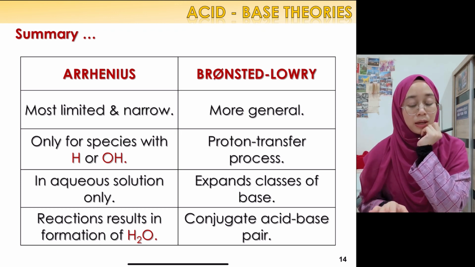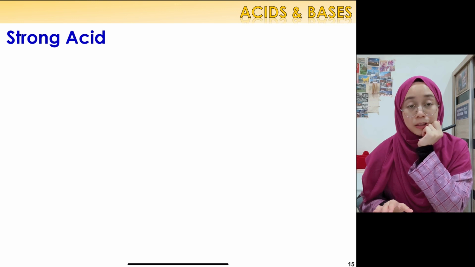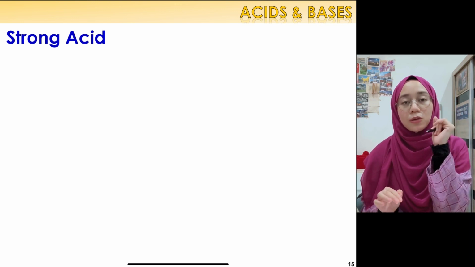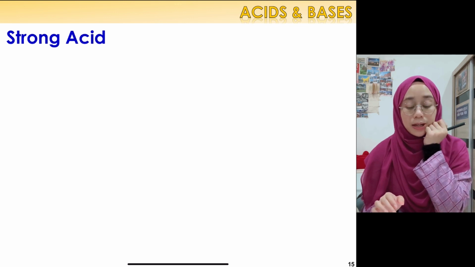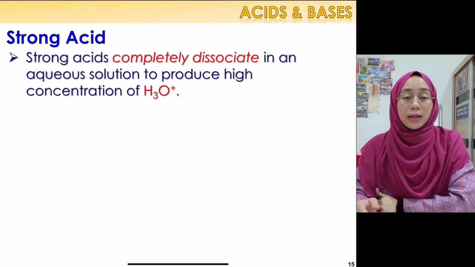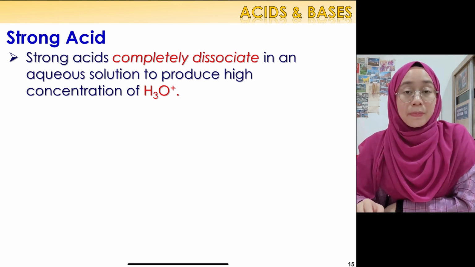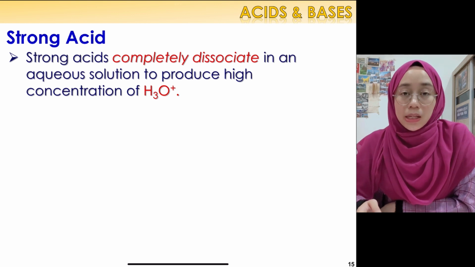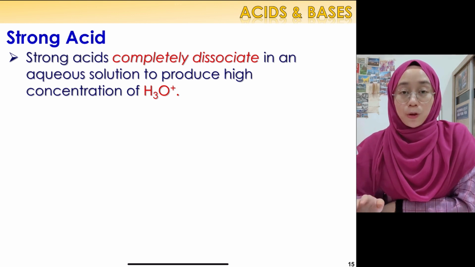Okay, so ini untuk acid base theory based on Arrhenius and also Bronsted-Lowry. So now kita nak tengok kepada strong acid pula. Okay, so what is strong acid? Strong acid is something that is completely dissociate. Okay, meaning dia 100% akan produce H+. Kalau kita ada 10 ketul HCl, 10 ketul itulah yang akan produce H+.